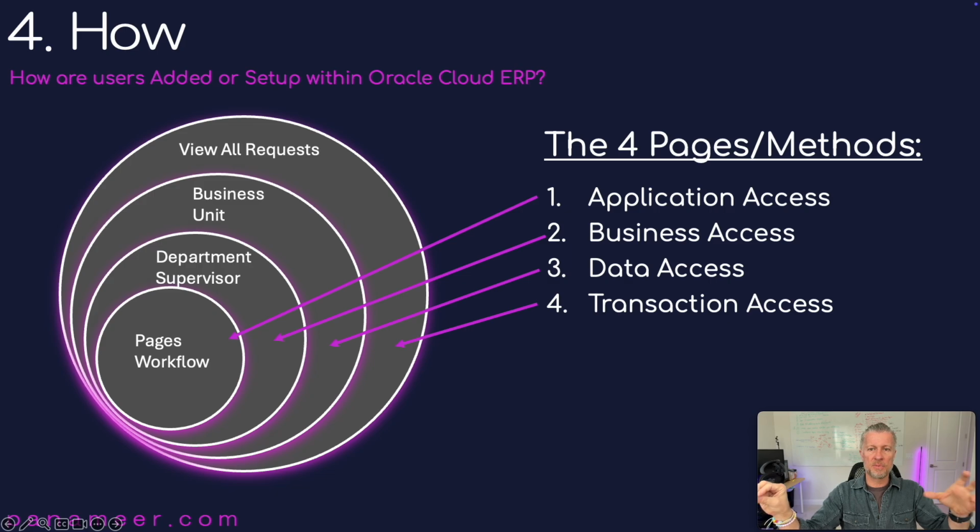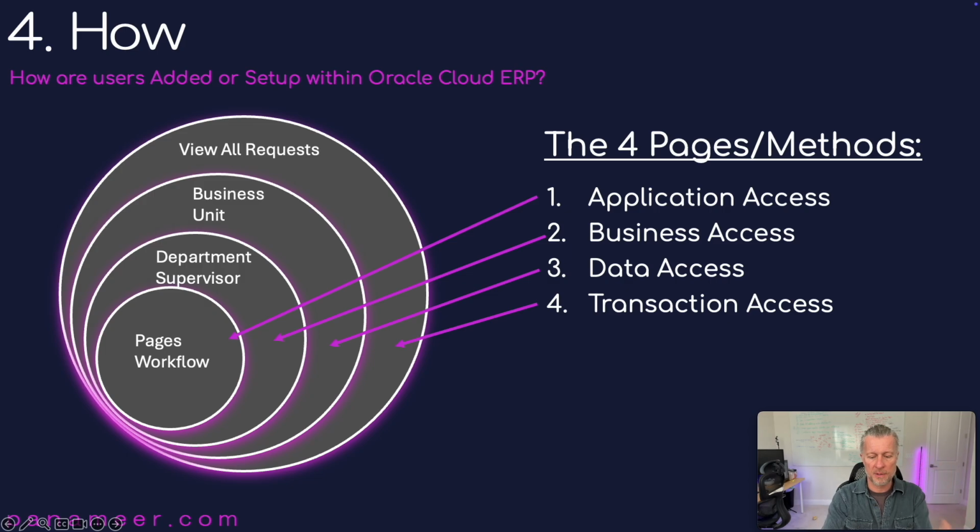Or do I want it to only be in a business unit? Or do I want it to be no other recs you can see? And so you would obviously use business units, which is data access, if you wanted to break apart the business units the requester could see. But if I decided I want this requester to not see anyone else's recs, I would use transaction level access.